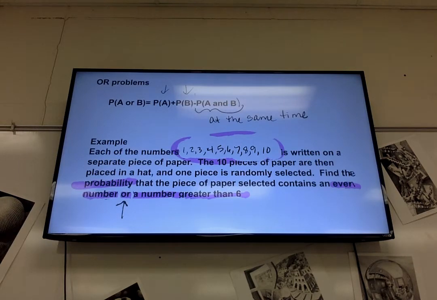A question I'm often asked about these problems is, is it with replacement or without replacement? Well, we're only drawing one number, so it doesn't matter. What is with replacement? With replacement would mean if I was drawing two numbers, I would reach in, pull out a 2 or whatever, look at it, put it back in, shake it up, and then draw a different number.